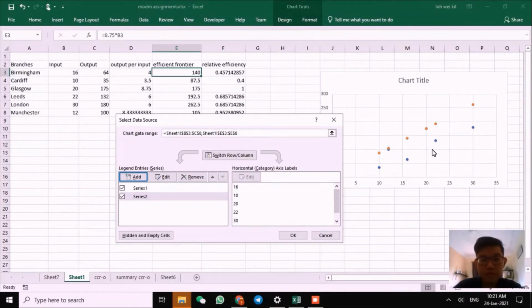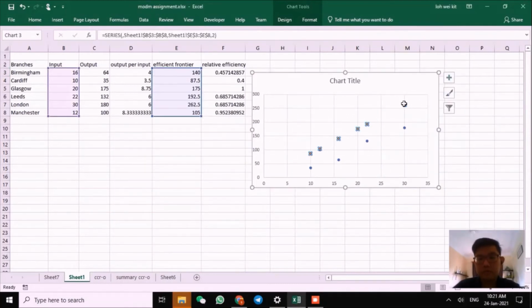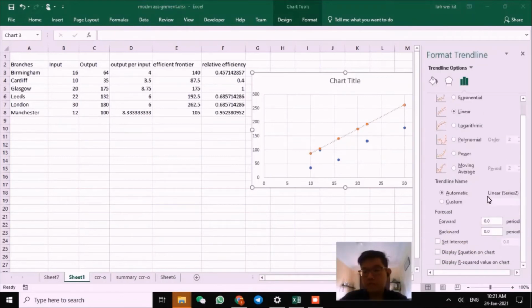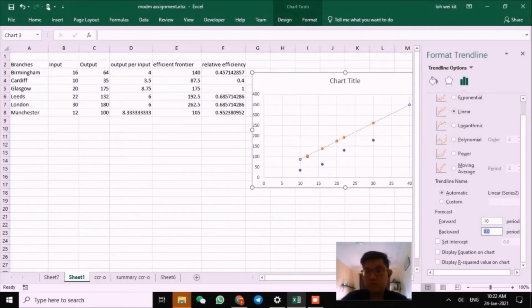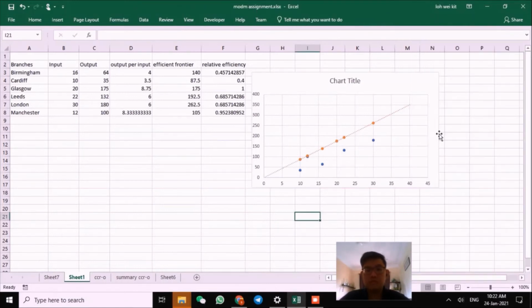In this case, we're going to apply the trendline function to draw the frontier line. We may hide the efficient frontier points to make our graph tidy.